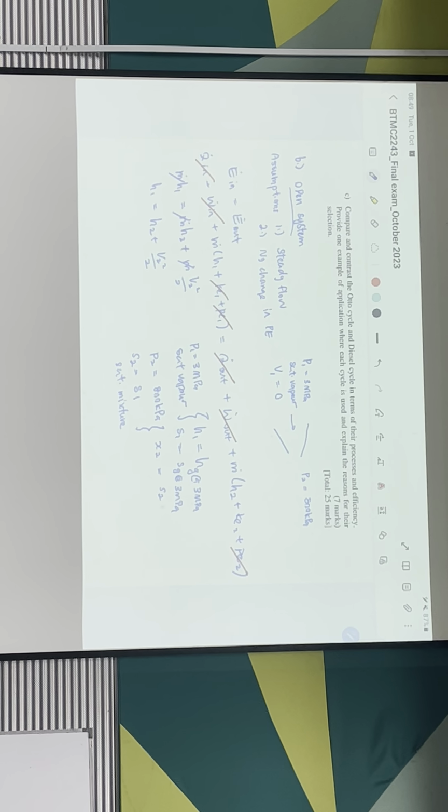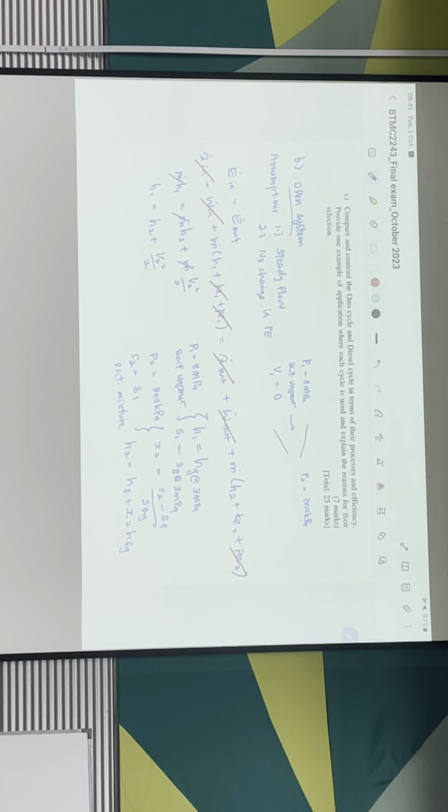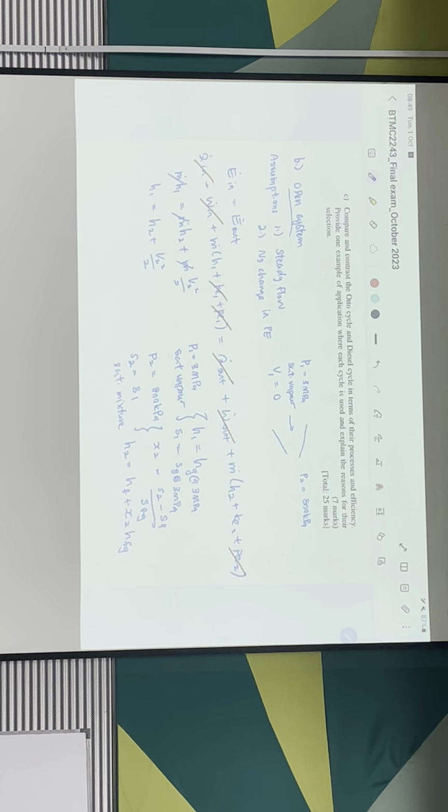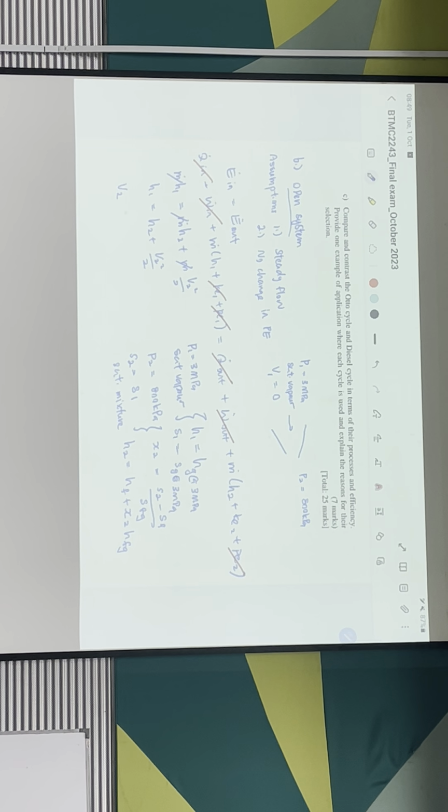This will be S2 minus Sf over Sfg. And then based on this x2, you get h2. Once you get all these, you have h1 and h2, and you can substitute into this equation. V2 will just be about this value.